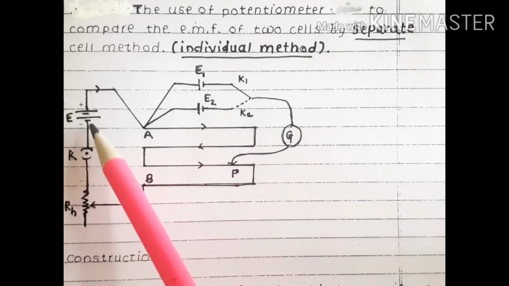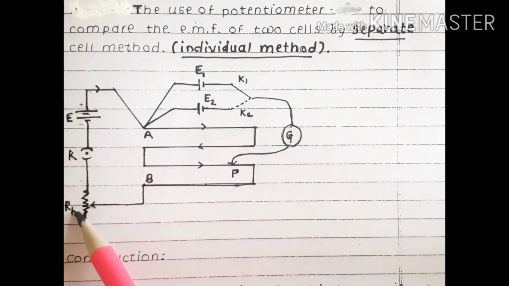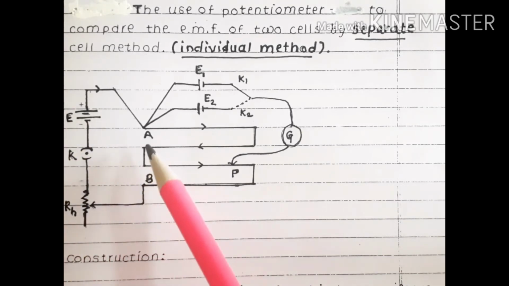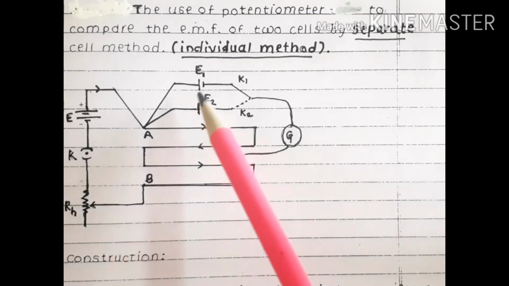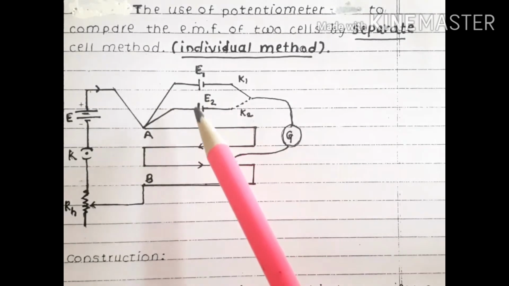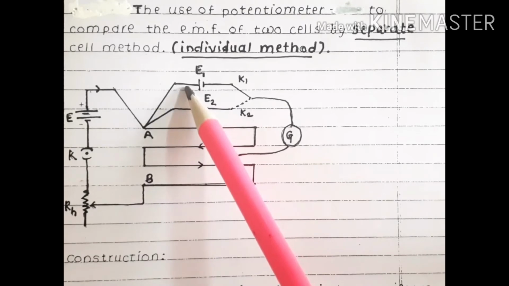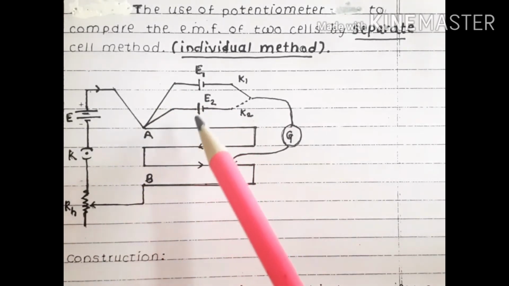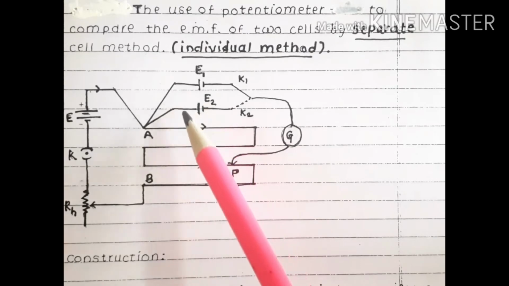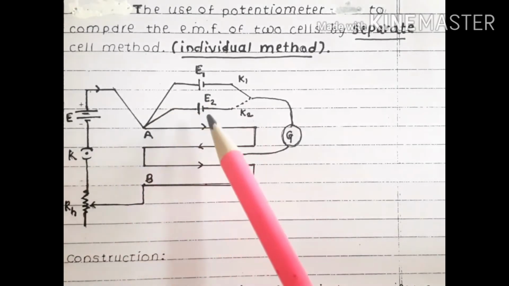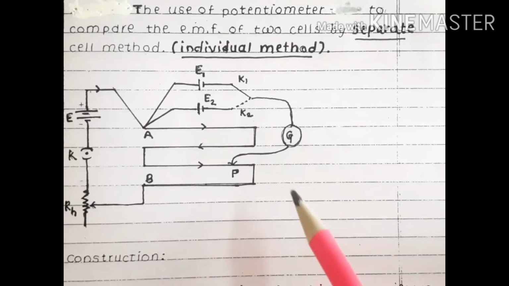A driver cell of EMF E, plug K, and rheostat RH are connected in series across the points A and B. The positive terminals of cells E1 and E2, whose EMF is to be compared, are connected to point A, and the negative terminals are connected to the jockey through a two-way key as well as a galvanometer.